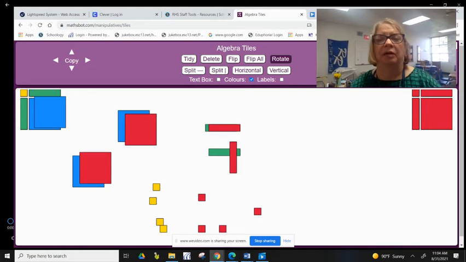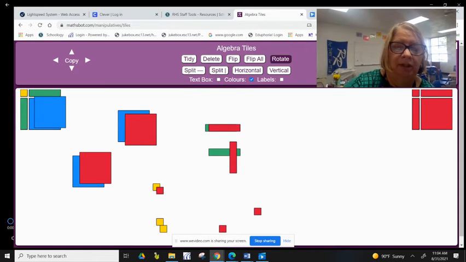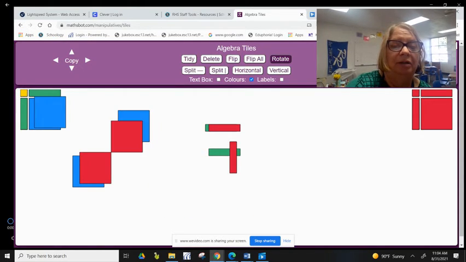When you match up a red one, that's a zero pair. Oh, look what happens. When you make that zero pair, it goes away. That's pretty cool. Because when you have a zero pair, they cancel out.